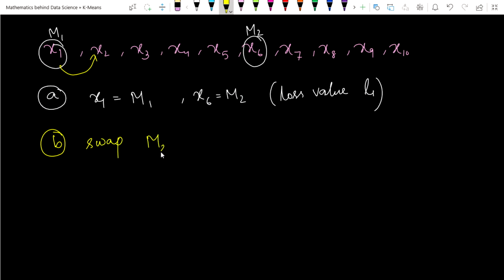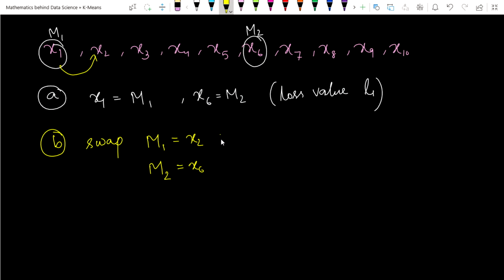Now our m1 is equal to x2, and m2 remains the same. Let's say we will keep x6 the same.